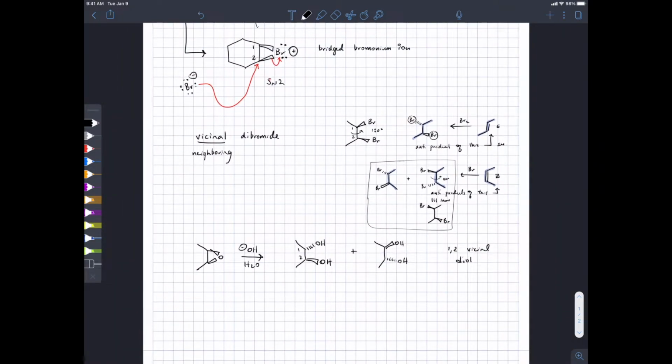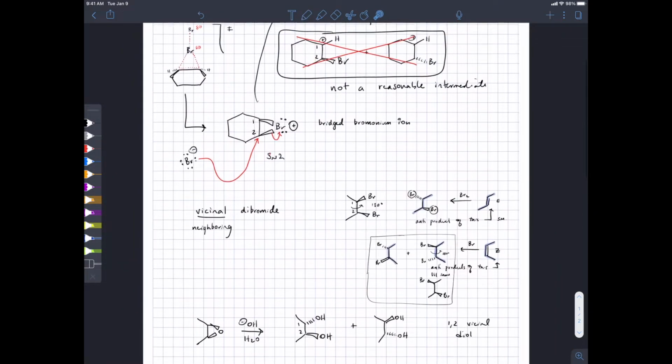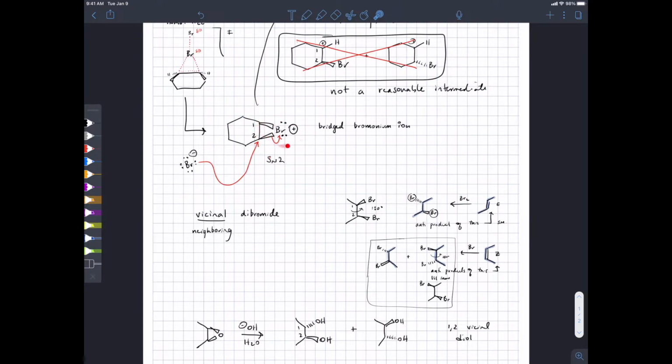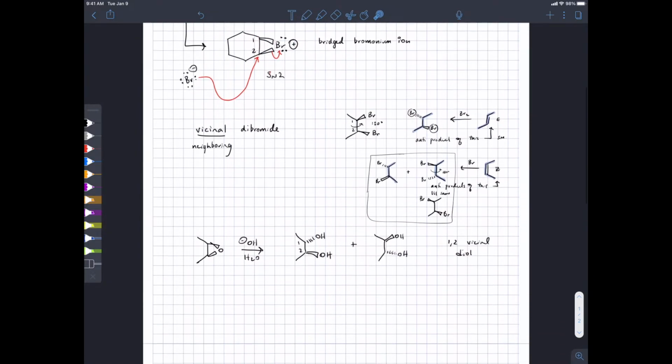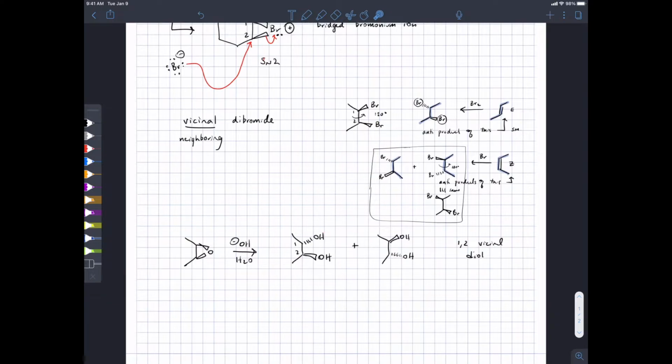And notice the similarities. With bromination, we go through a bridged bromonium ion intermediate. The epoxide already has that three-membered ring structure. So being able to recognize these types of structural patterns can be useful.